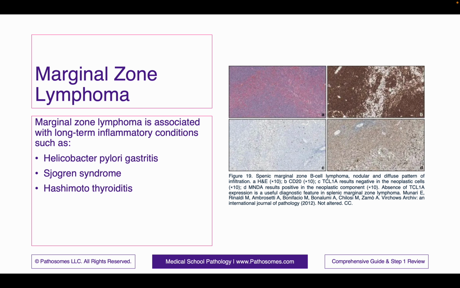That's why it happens so much in the GI tract, in the terminal ileum, right? In the small intestine, right? Because of that H. pylori gastritis, right? Even other regions within the gastrointestinal tract. Marginal zone lymphoma is also associated with some autoimmune conditions, such as Sjogren's syndrome and Hashimoto thyroiditis.